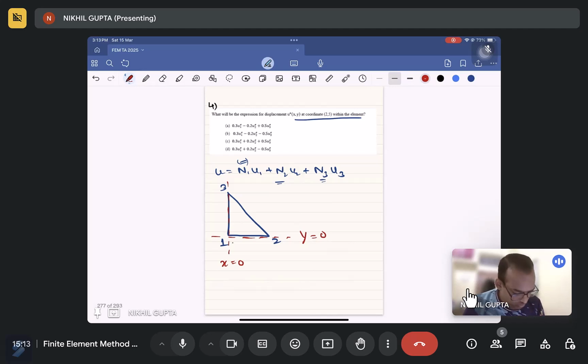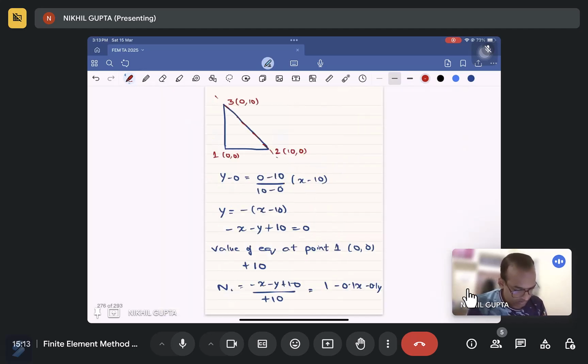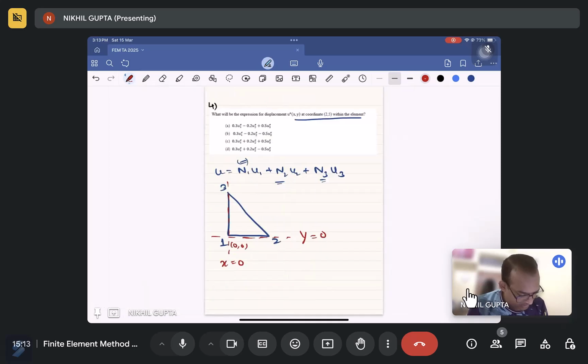So this is (0, 0), this is (10, 0) and this is (0, 10). Let's start with N2. For N2, this vertical line will be considered, and this will be x, and at that point, which is 10, it will be divided by 10. For N3 we have y by 10.